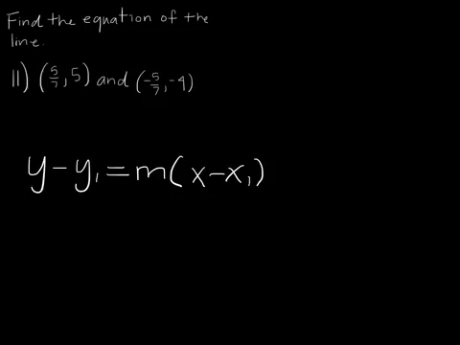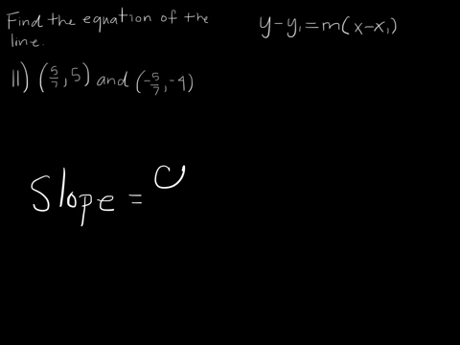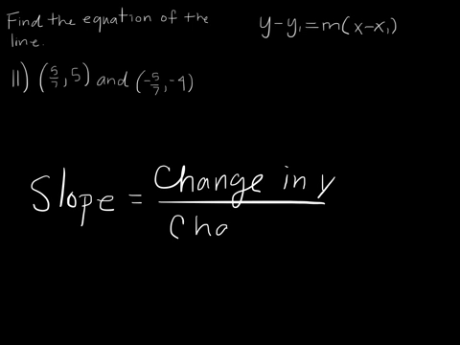We have 2 points, in fact, so we can definitely get a point, and all we need to do is find the slope. If you have 2 points, finding the slope is straightforward. Remember what the slope is. It's the change in y over the change in x.